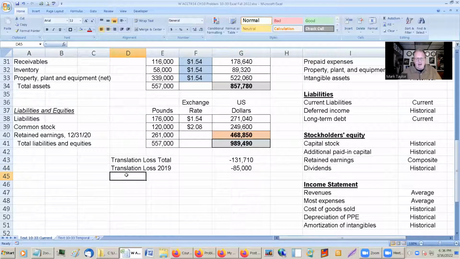The reason we need that down here is that, for this year, here's the weird thing about comprehensive income. Unlike normal income, it doesn't get cleared off the books. It just kind of sits there. And so the translation loss that we would add on for this year will be the difference between those two.